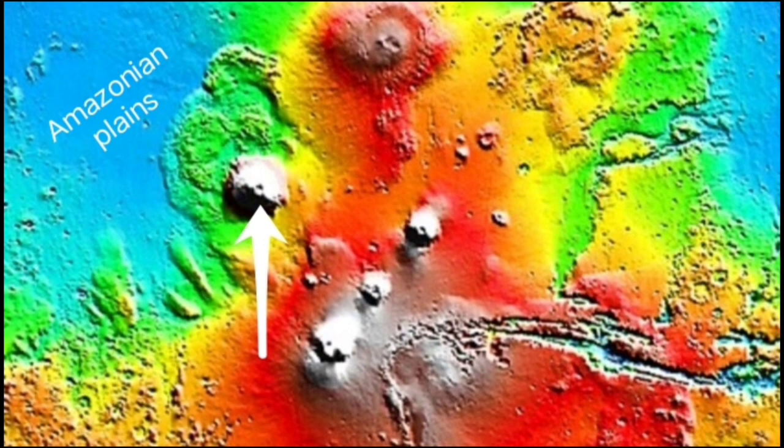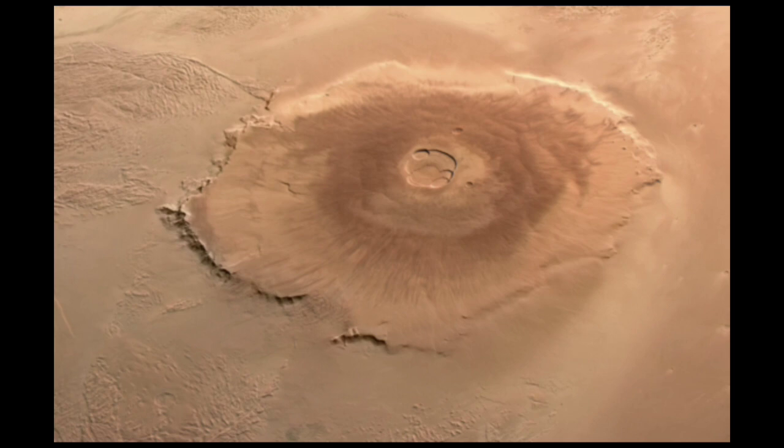Because there is no sea level on Mars, it is difficult to measure the height of this mountain from any point on the surface of the planet. In this regard, the Amazonian plains are the best option for measuring the height of the mountain, and the height from this point to the top of the mountain is close to 26 kilometers. This height is about 3 times higher than Mount Everest.